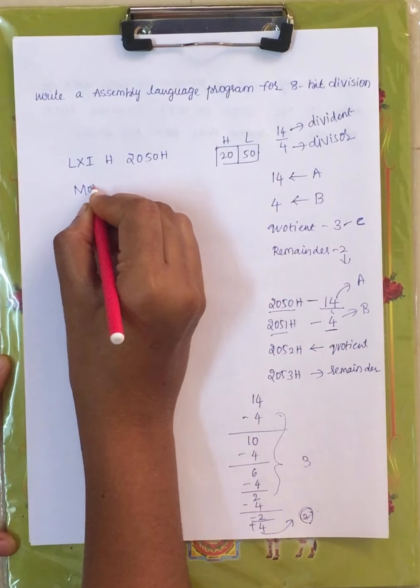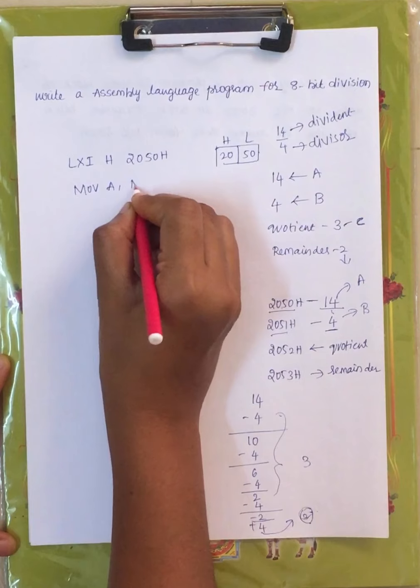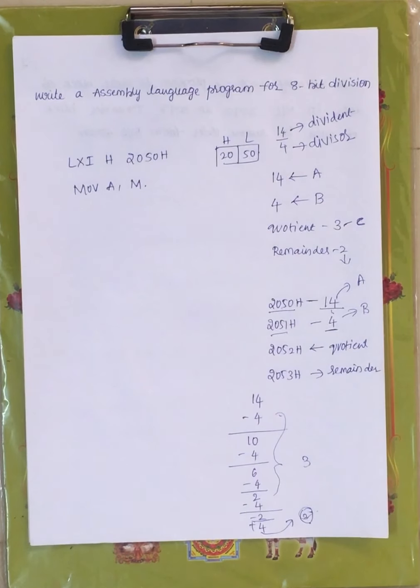Now MOV A, M. What is M? M is nothing but the memory pointer, that is pointed by the register pair HL.